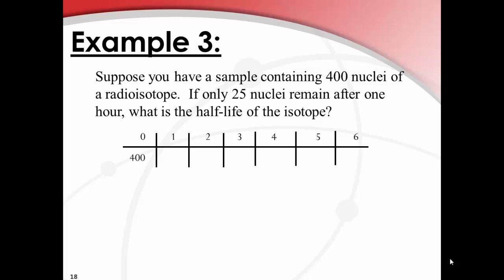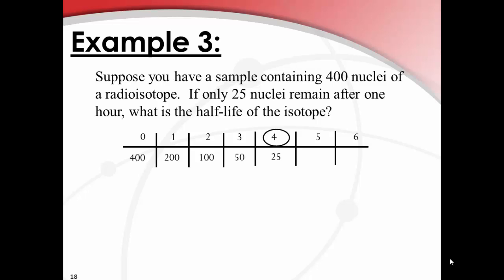I'm going to start with my 400 nuclei at time 0. After 1 half-life goes by, 200 nuclei remain. After the second half-life goes by, 100 nuclei remain. After 3 half-lives go by, 50 nuclei remain. After the fourth half-life goes by, 25 nuclei remain, which is the number I was looking for.